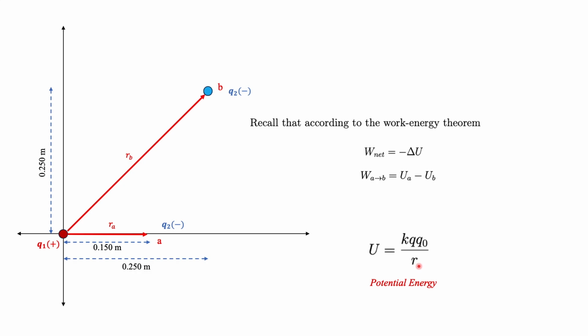And recall that your potential energy is simply K, Q1, the source charge, and Q sub 0, the charge 2 in this case, divided by R. This is your potential energy equation, and it is very similar to your electric force. The only difference is that the R here is not squared, whereas in the electric force the R is squared.